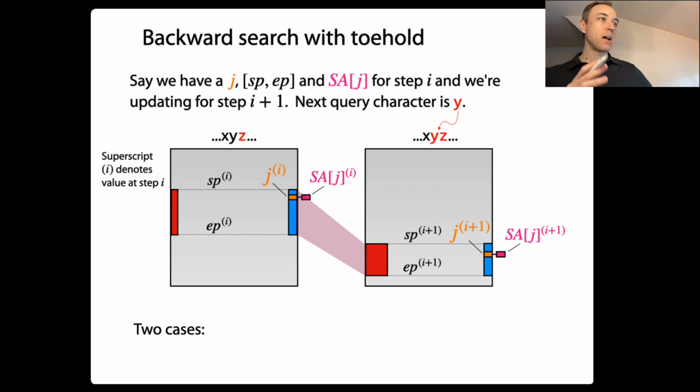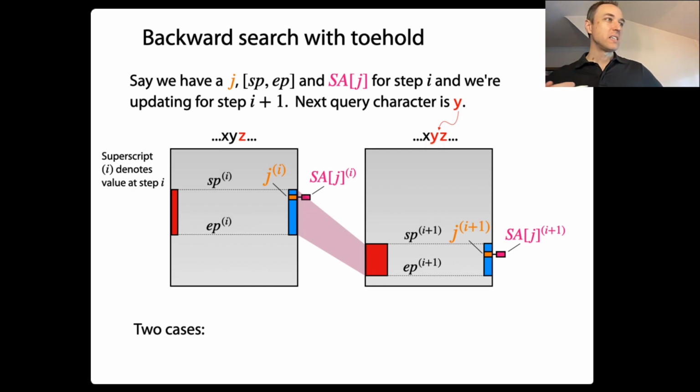So in step i we have that j and SA of j. And now we want to update for step i plus 1, where our next query character, right, at each step we're matching longer and longer suffixes of our pattern. So let's say as we go to step i plus 1, y here is the additional character that we know.